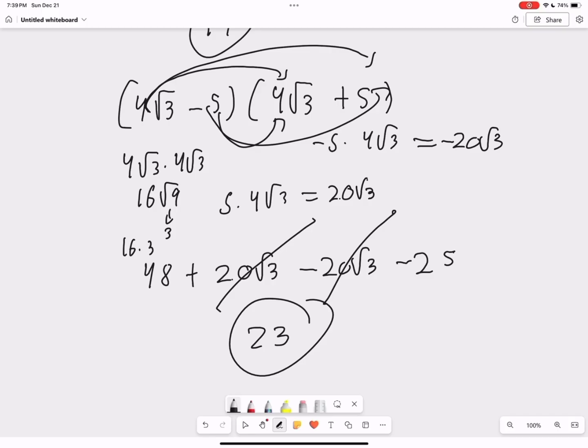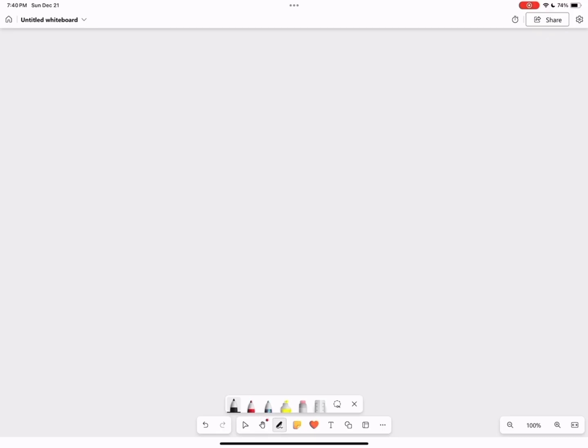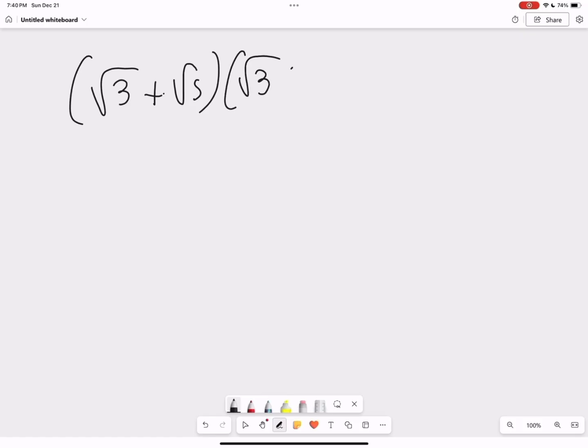23. Now let's try one where they don't cancel, because this isn't the difference of squares. So we have the square root of 3 plus the square root of 5 times the square root of 3 plus the square root of 5.